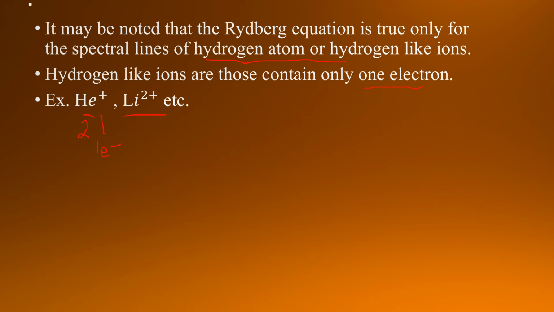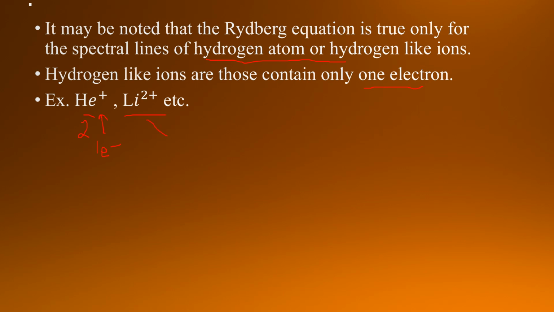It will become a helium ion now. As it has only 1 electron, helium ion also behaves like hydrogen atom, so it will give the spectral lines as the hydrogen atom gives.